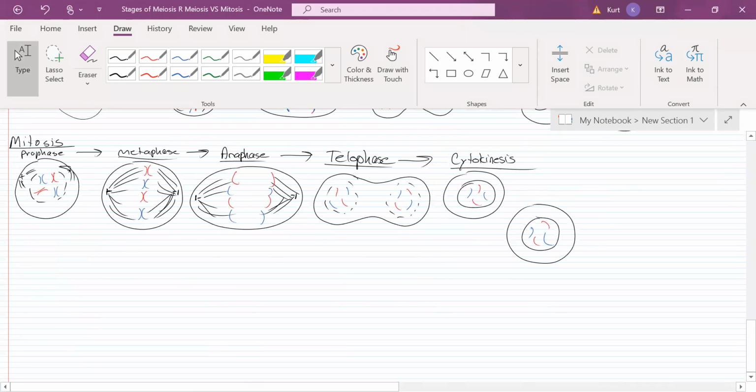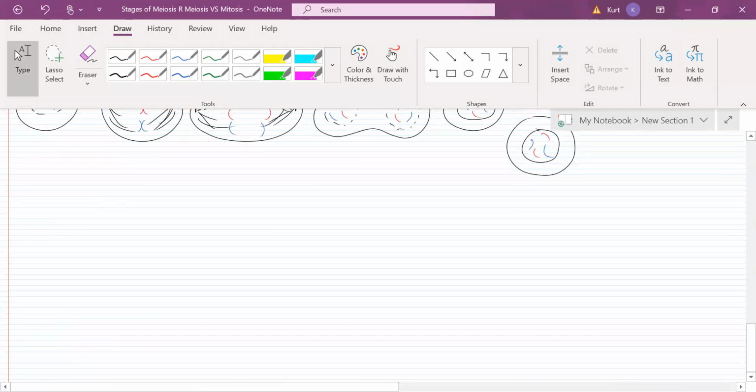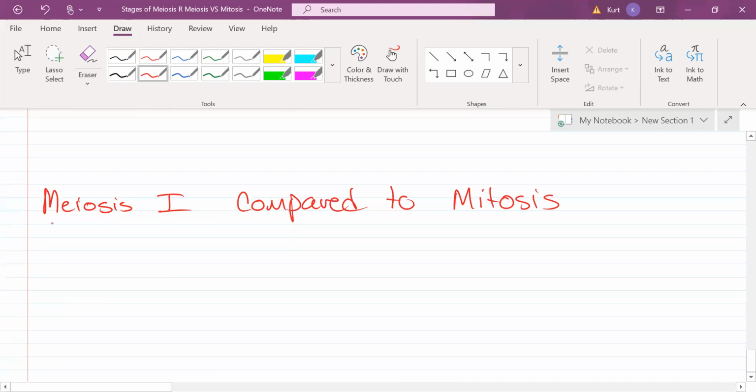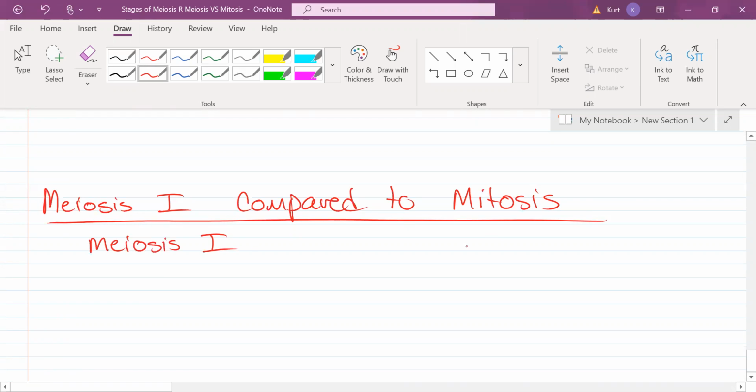All right. So let's compare meiosis 1 to mitosis, and then meiosis 2 to mitosis, and that'll be it for today. Here we go. Meiosis 1 and mitosis.